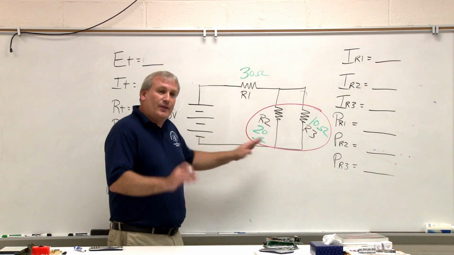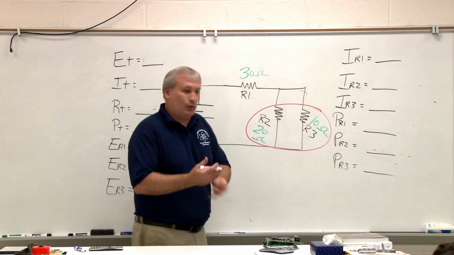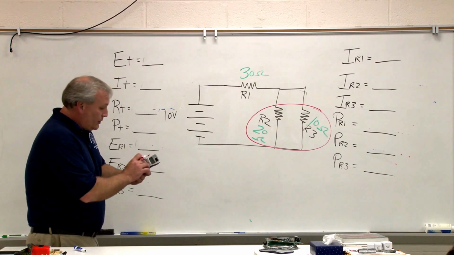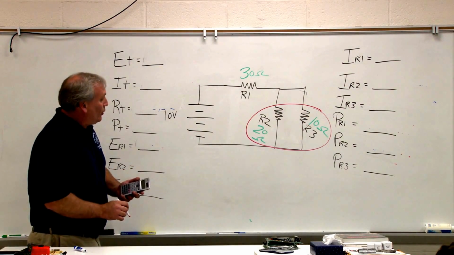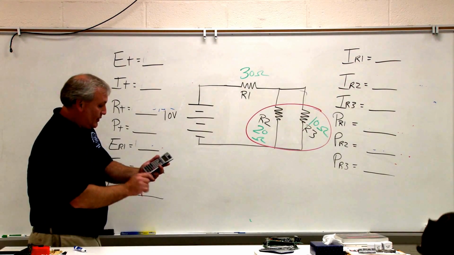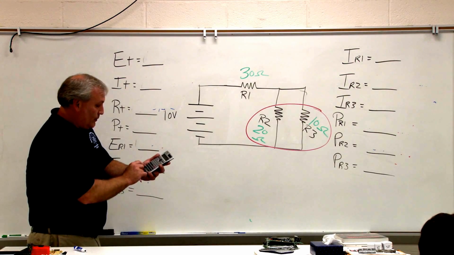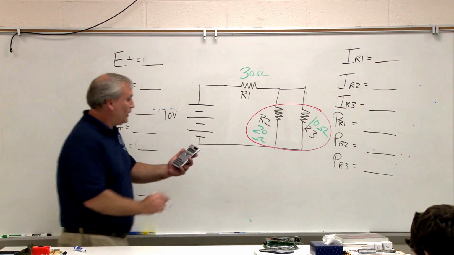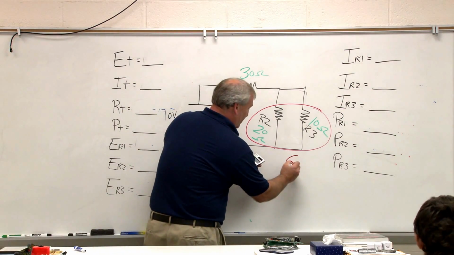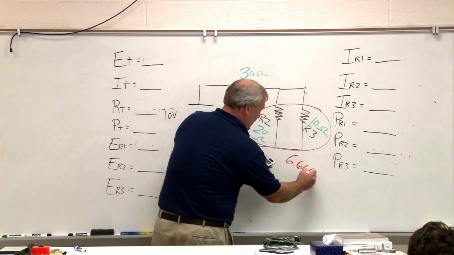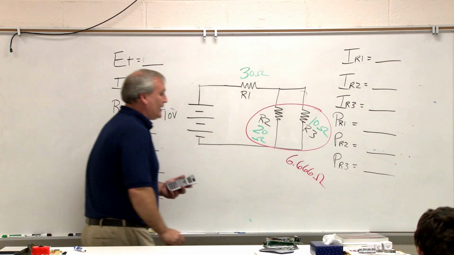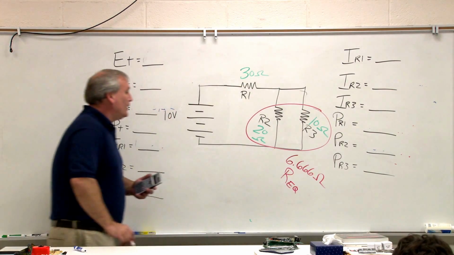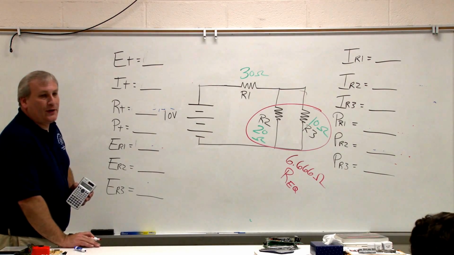Because remember, this parallel feels like a single resistor in this circuit. So we want to assign it an R equivalent. So let's do that. R2, 20 ohms, x negative 1, plus R3 is 10 ohms, x negative 1. X negative 1 it again, we come up with an R equivalent of 6.666 ohms. That's my R equivalent, REQ. What are we going to do next?